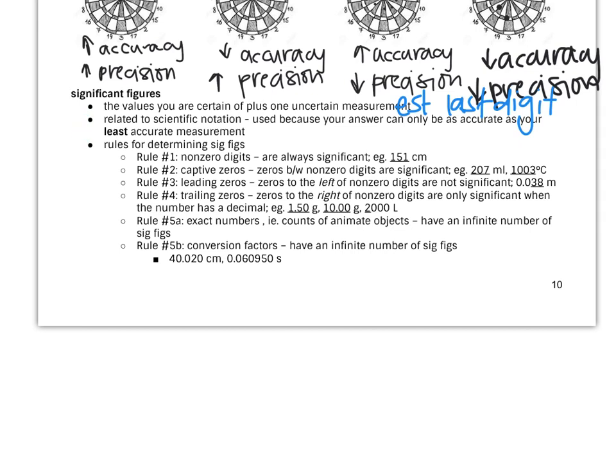Significant figures are related to scientific notation, and they're used because your answer can only be as accurate as your least accurate measurement. I'm going to underline or highlight that because it's super important. Your answer can only be as accurate as your least accurate measurement.